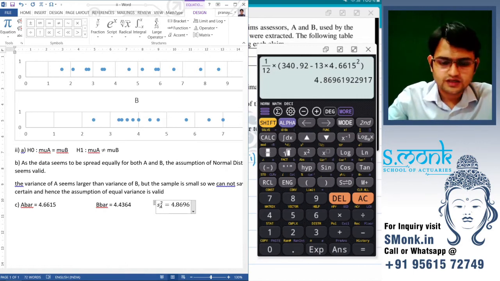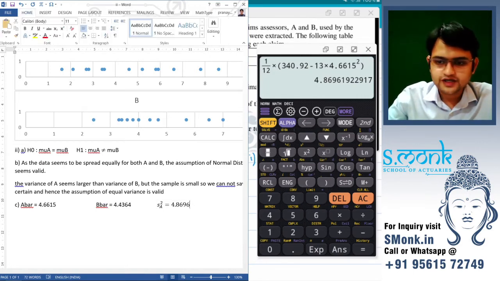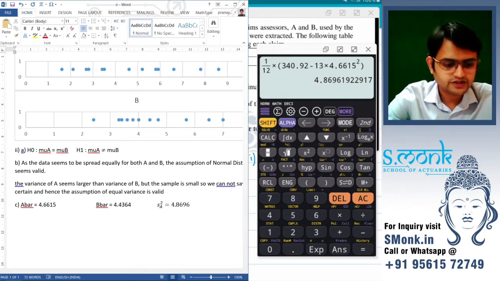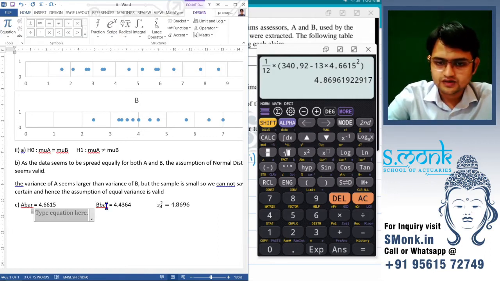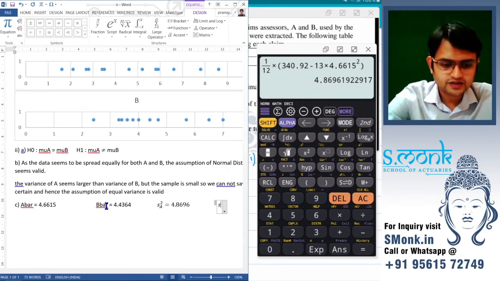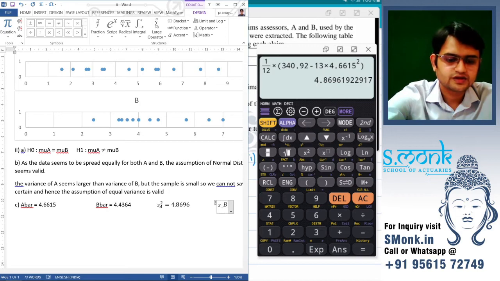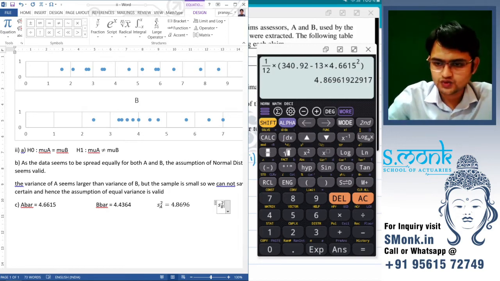I'll come out of the equation editor, make space and put another equation editor. So I have s underscore B raised to 2.